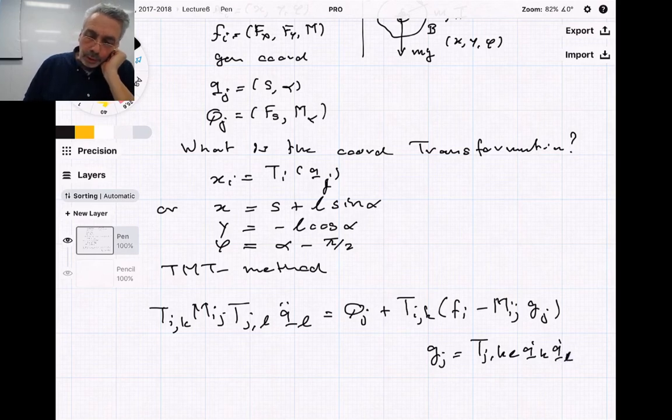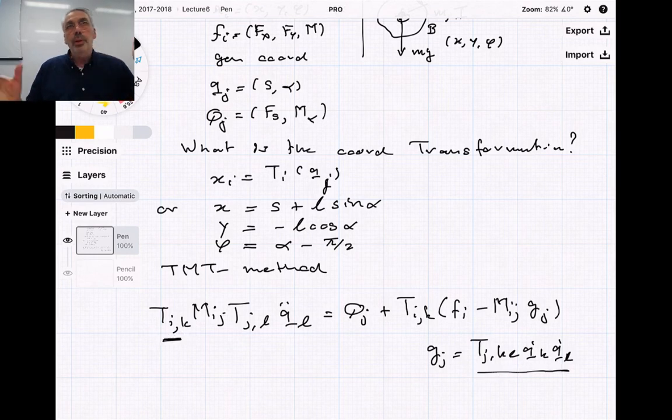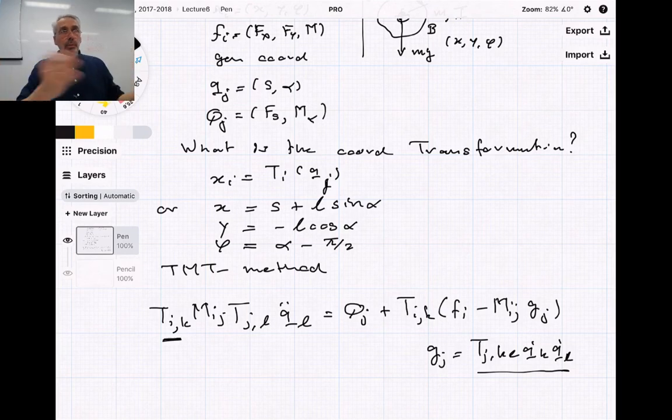So the only element we need actually to derive this equation of motion from the transformation is this Jacobian and this expression. Those are the two things, and if we have them, then we just manipulate and add and subtract and so on. But of course, this Jacobian has to do with the speed.